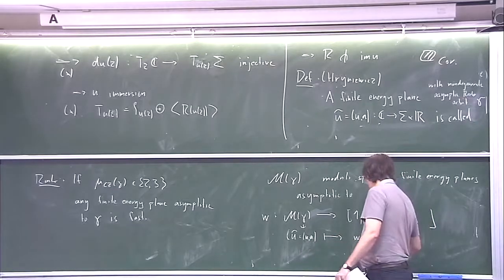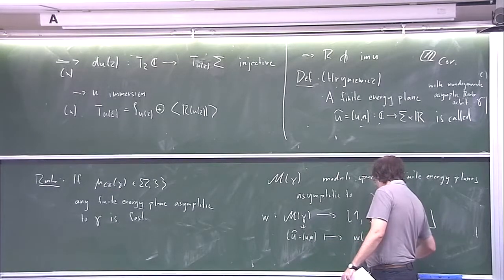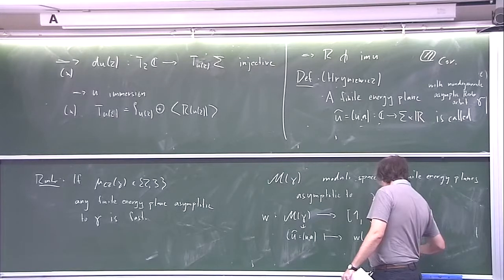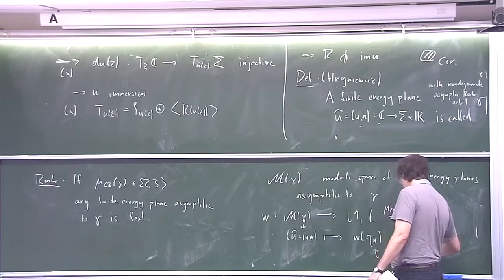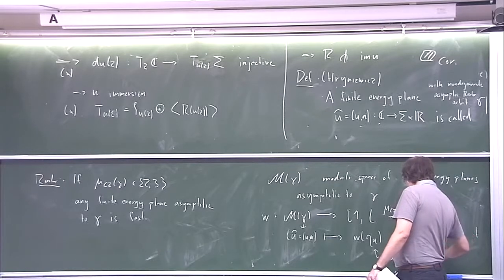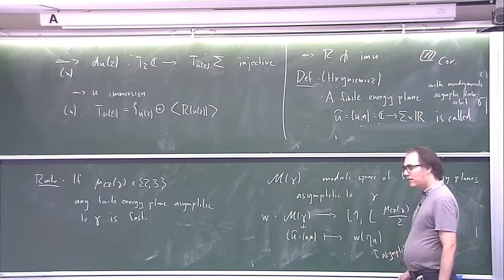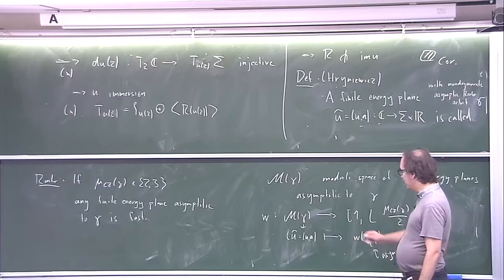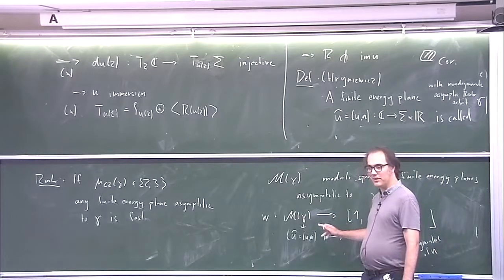So this is the asymptotic eigenvalue of U, and then the fast ones are the preimage of 1.